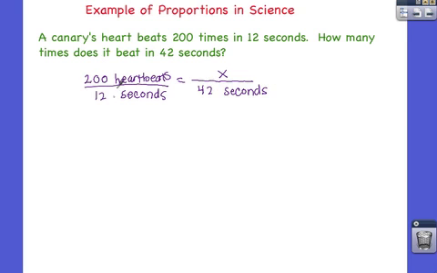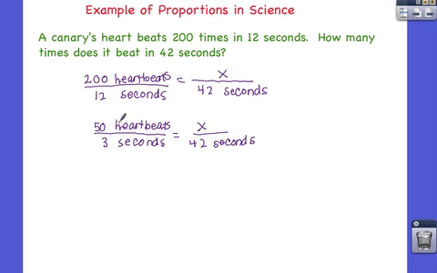Well, I can start by reducing 200 over 12 by dividing each one by 4. So I get 50 heartbeats every 3 seconds. So we want to know how many will there be in 42 seconds.